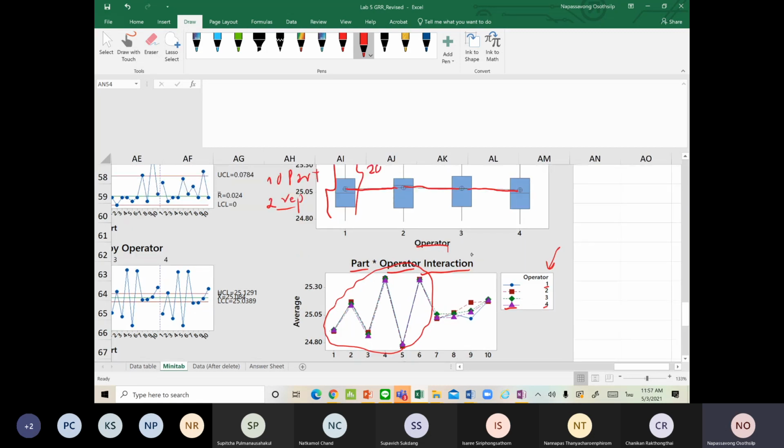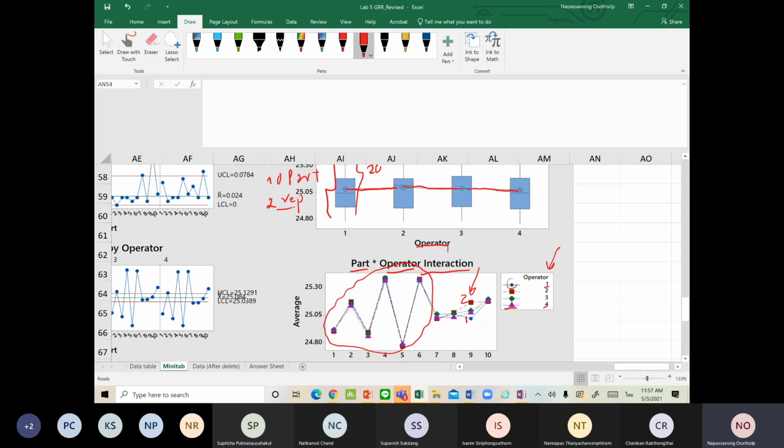But look at part number 9. Operator 2 tends to give larger measurement, whereas operator number 1, the blue one, tends to give lower value. So that means if we take a look at part number 9, the observation that we get depends on the operators that do the measurement.